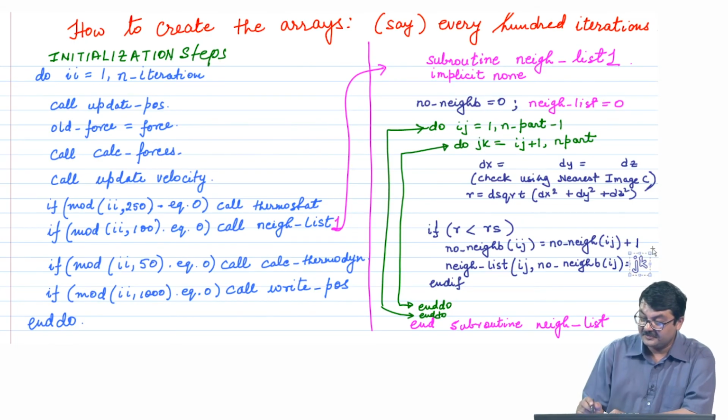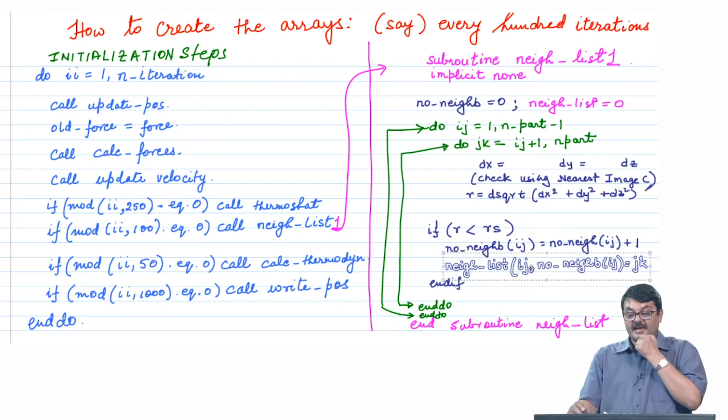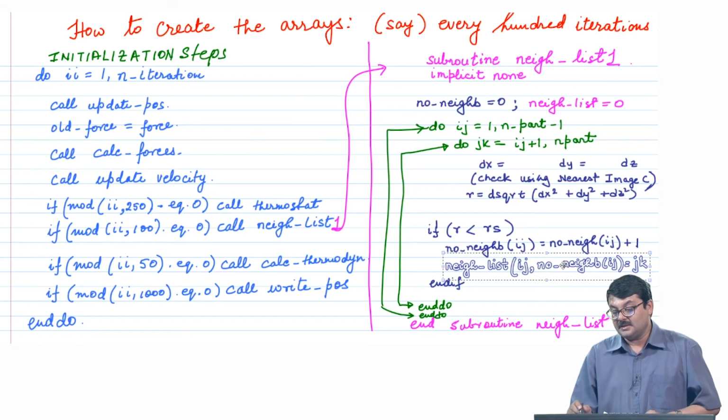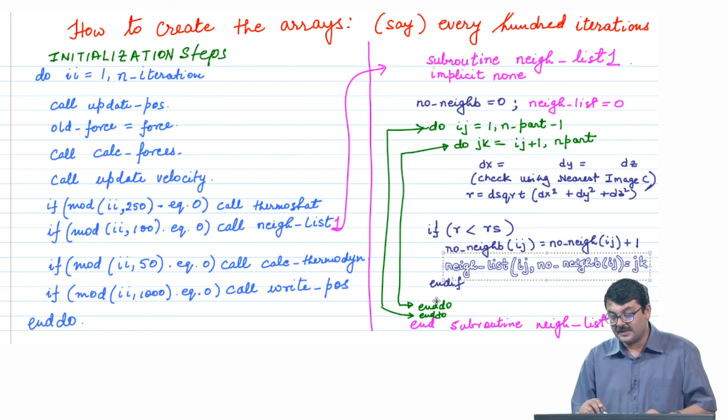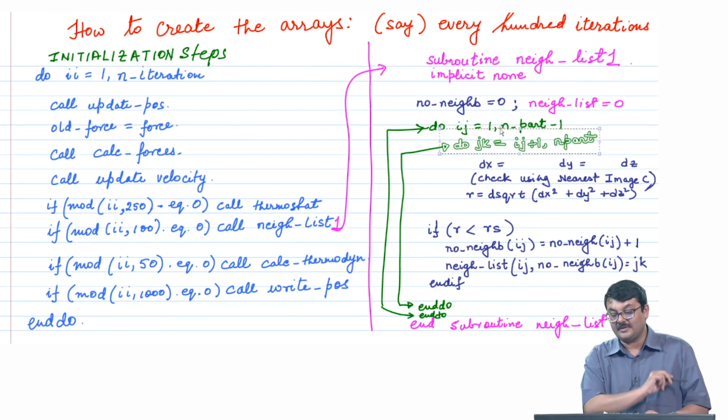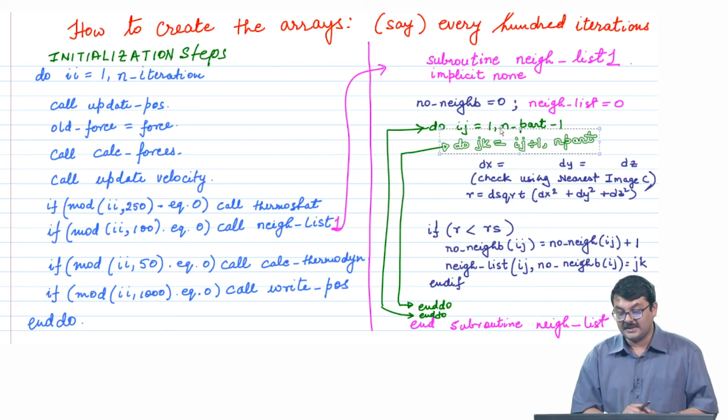If this distance is less than r s, then in this array you say that the fifth neighbor, or the second neighbor, of particle number ij is particle index jk. jk you are running over n part, and that is all that is there to it.